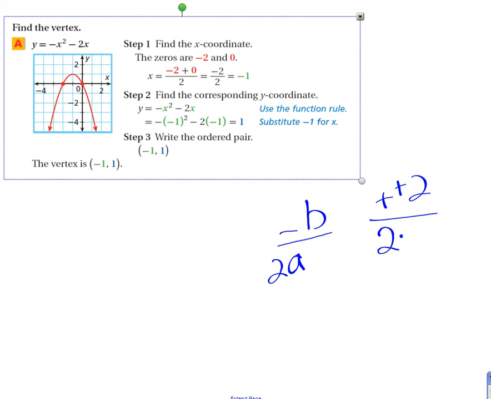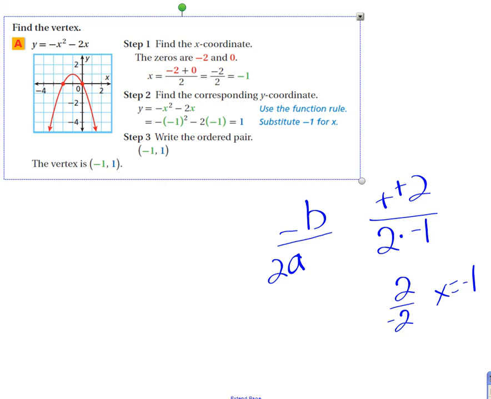Because it's minus b. You subtract the negative, really you're just adding. So 2 times what's a? Negative 1. So we have 2 over negative 2, which simplifies to negative 1. So x is negative 1.